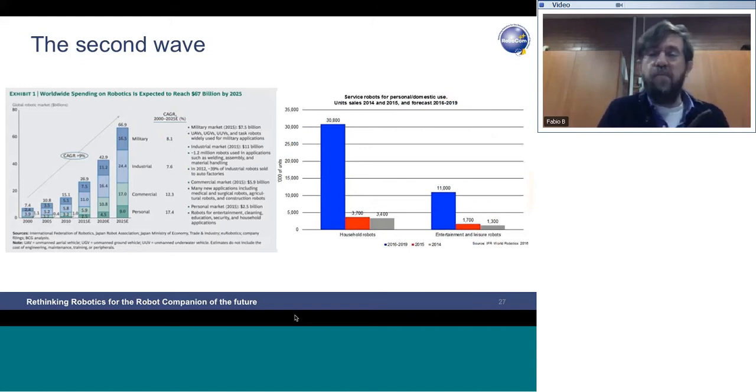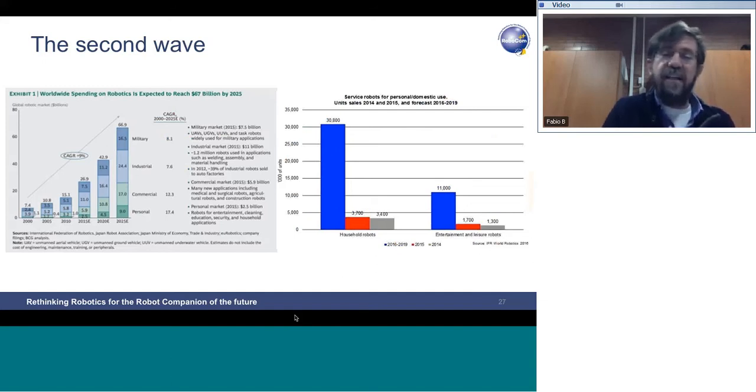This is just one of the analyses suggesting how the robot market would grow in the coming years. And most of them are more or less there. My personal feeling is that they could even be very conservative. This happens all the time. It happens with solar panels.